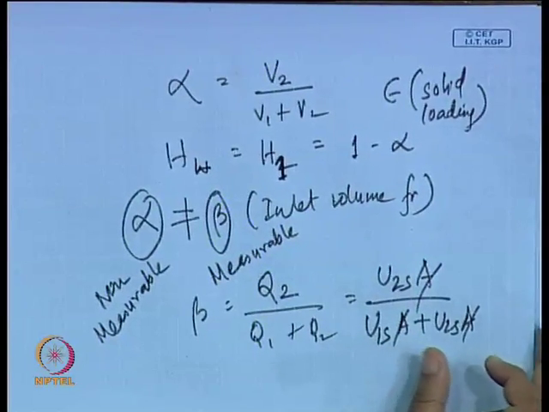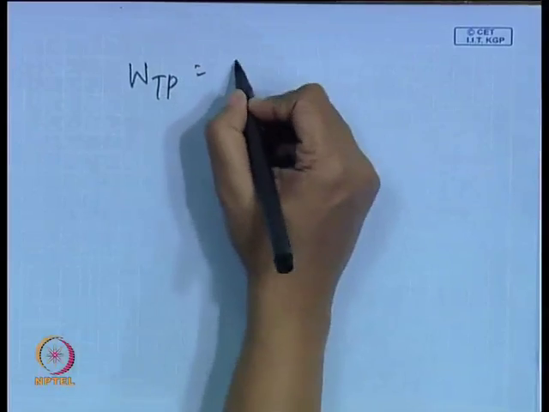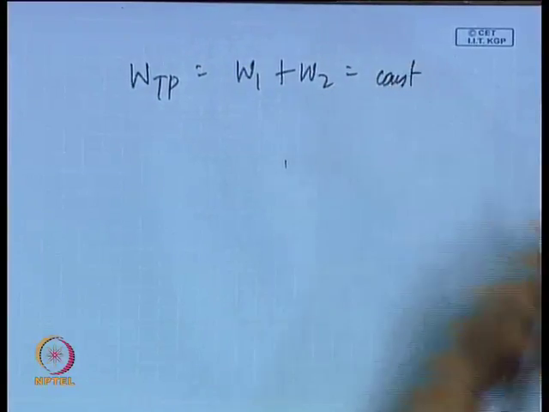Okay. So, I had defined beta, and then I said that particularly for condensation and boiling situations, the quality of flow also changes. That means, when the flow is flowing up, the total mass flow rate, which we can write as WTP equals W1 plus W2, is definitely constant.